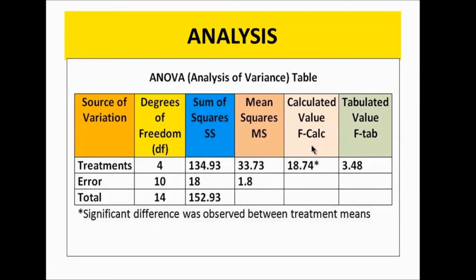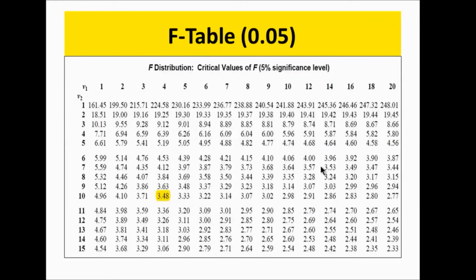If this calculated F value is greater than the tabulated value, we say that there is a significant difference between treatment means, but we cannot say which of them are significantly different from each other. So we have to continue with what we call post-hoc analysis.